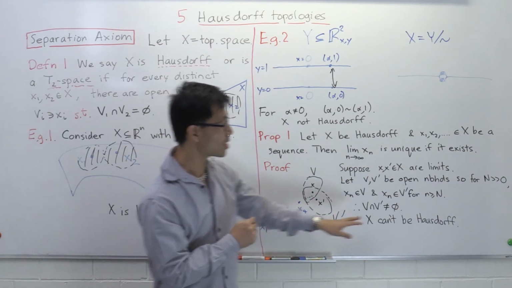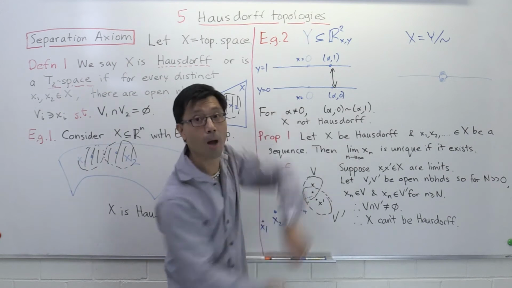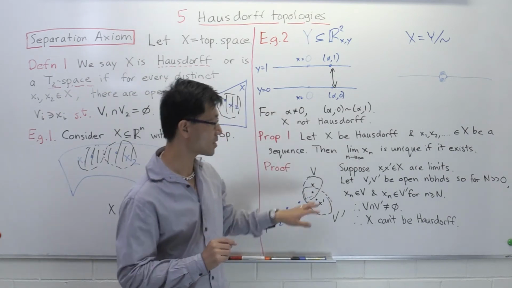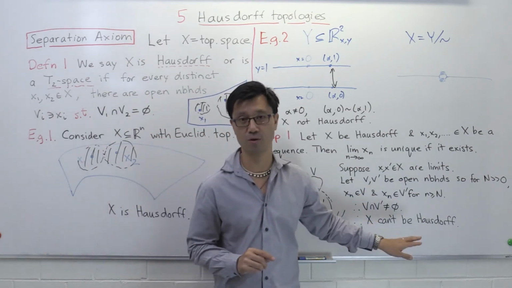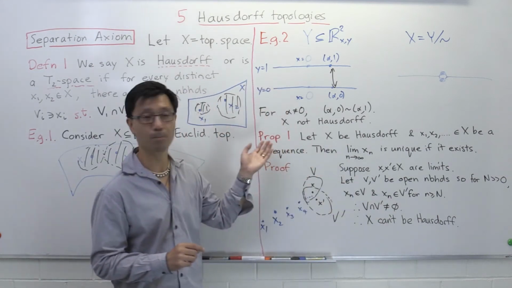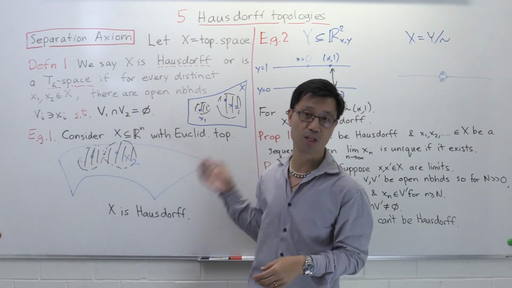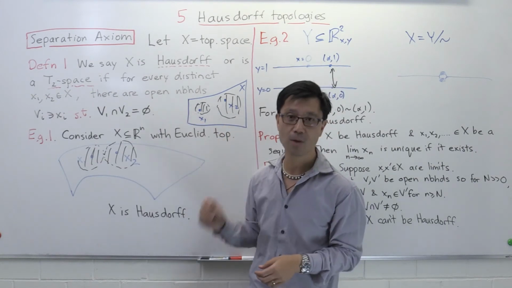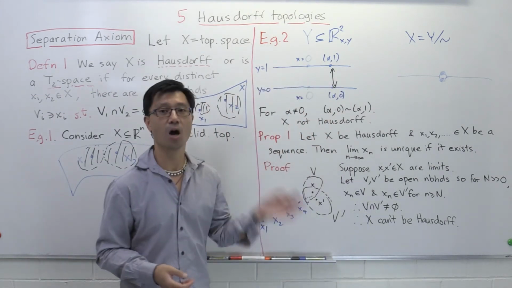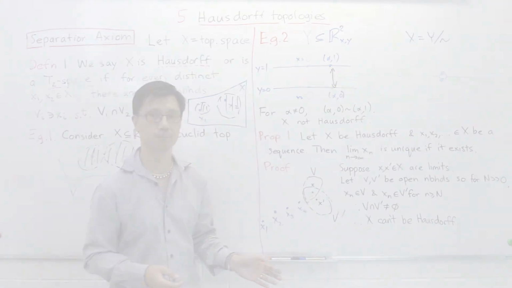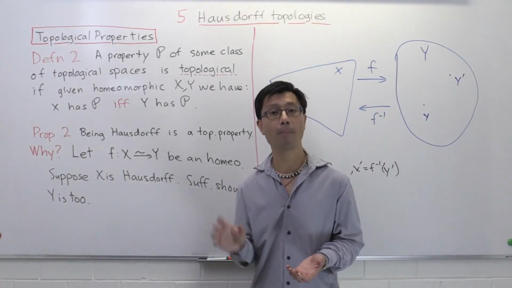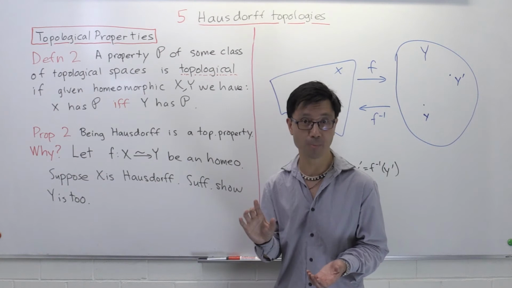So since you can't separate these 2 points with open neighborhoods, what that means is that this space cannot be Hausdorff. And that completes this proposition. So this is a very nice simple condition, a natural condition using the separation axiom, which guarantees uniqueness of limits.